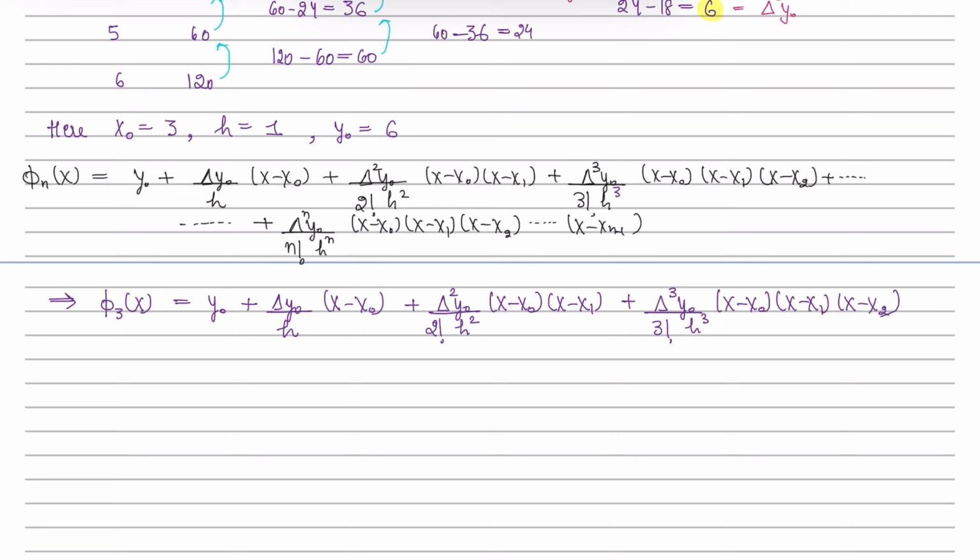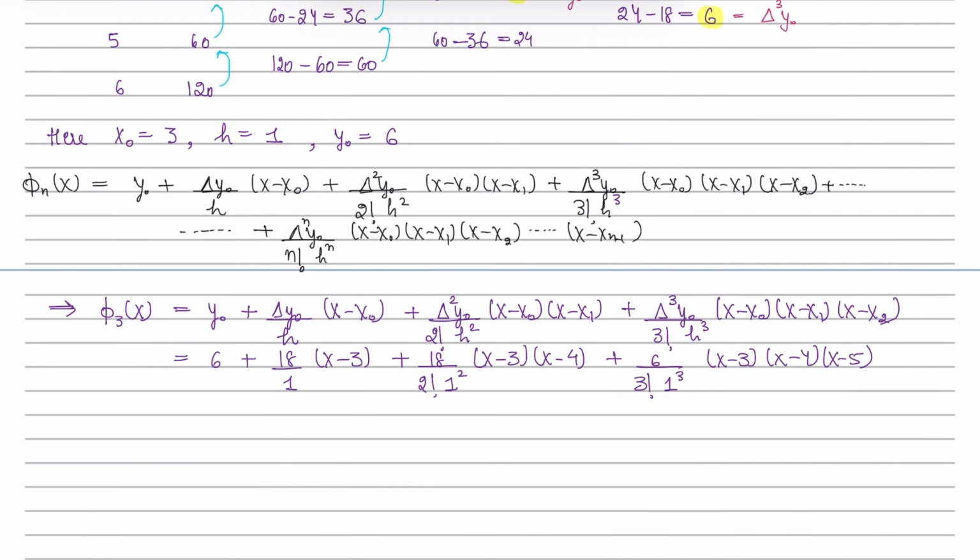Now we have all the values of the x_i's, y0 and the forward y0's also. Using those values, after simplifying, this equation will become x cube minus 3x square plus 2x, which is the required polynomial of degree 3.